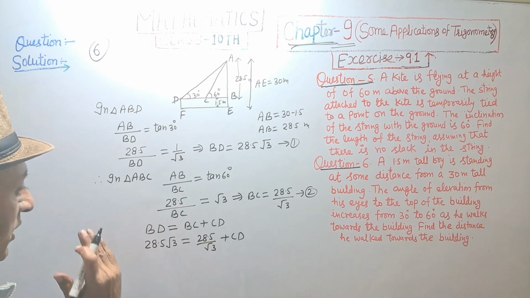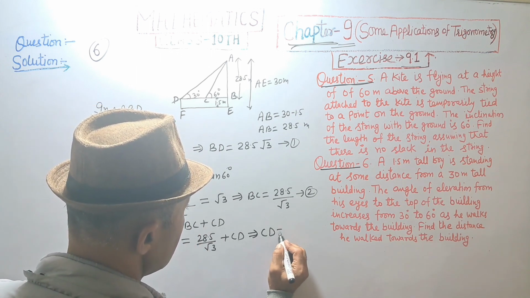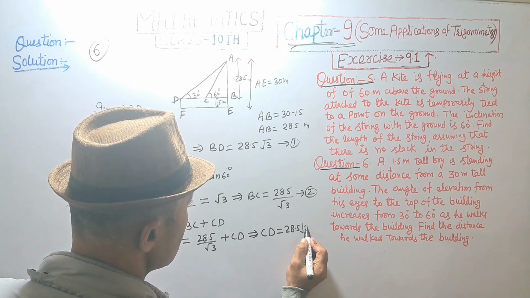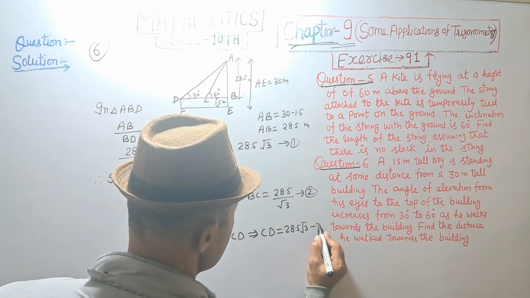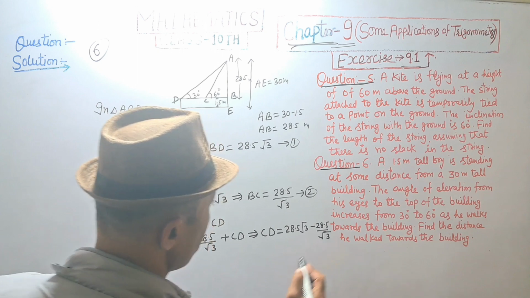We are shifting this to the left side, and CD is equal to 28.5 root 3, shifting left side, minus 28.5 divided by root 3.